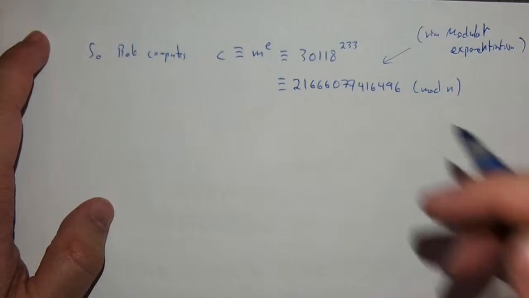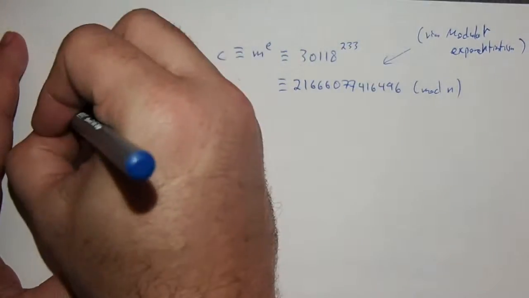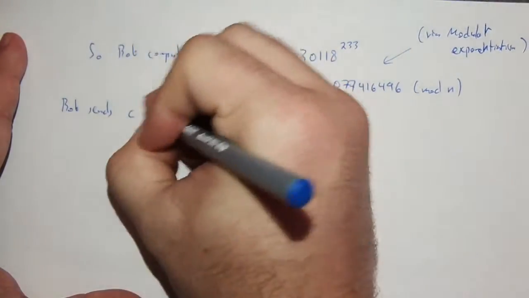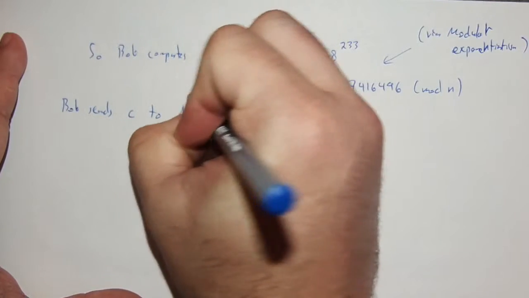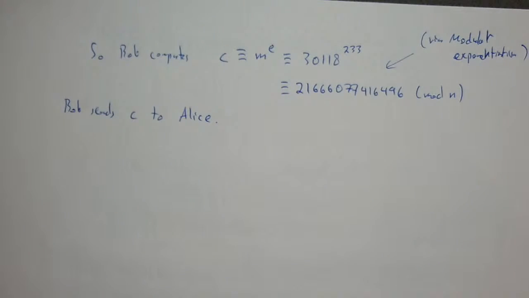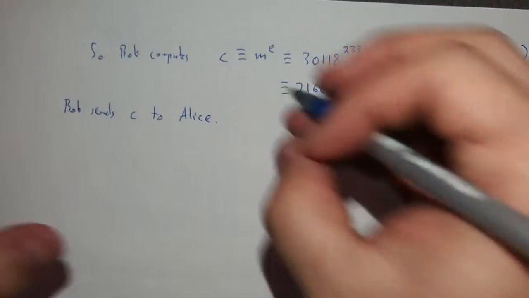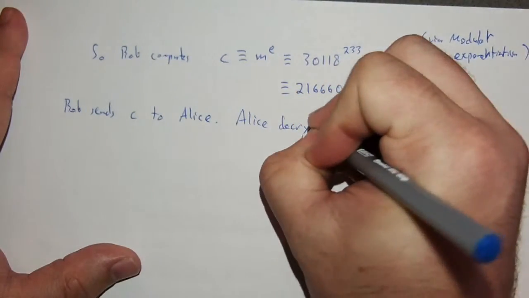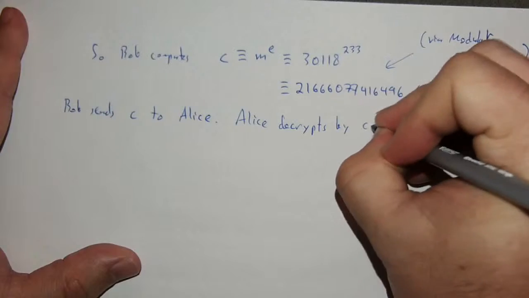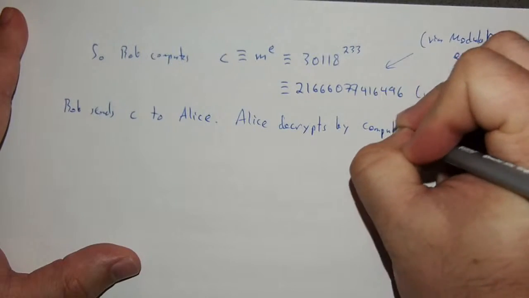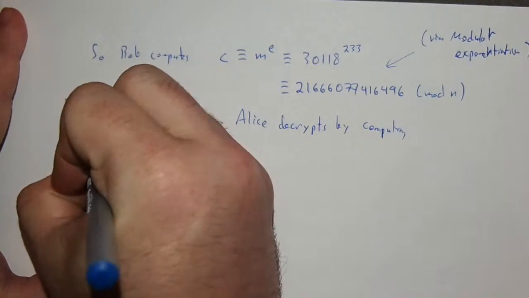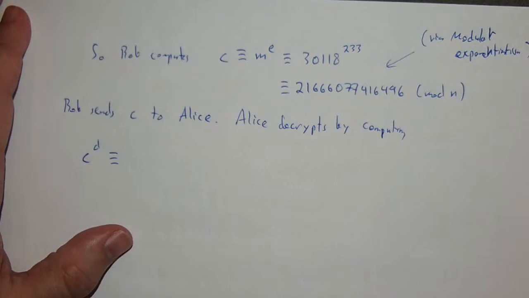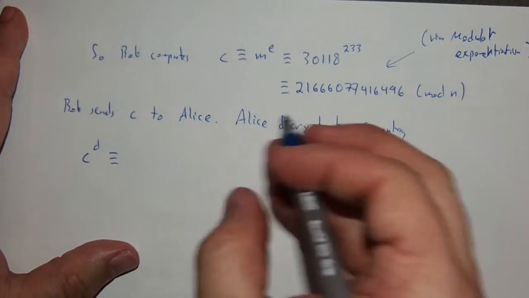So he sends along this number, right? So Bob sends C to Alice. Okay. So Alice decrypts by computing C to the D. So that, of course, is that really, really long thing that I'm not going to write.